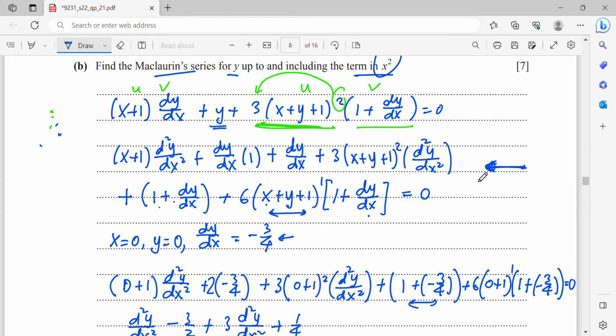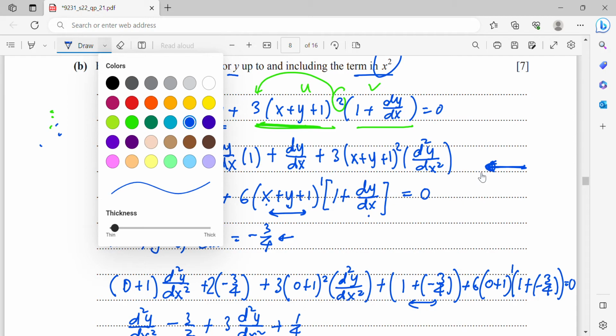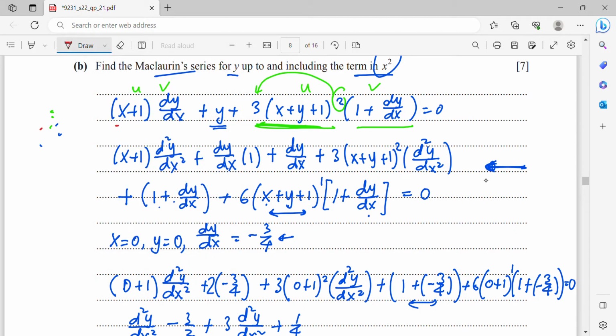Okay, now I need to explain one more time for this. Keep differentiate, so keep differentiate plus keep dy dx, differentiate x plus 1, which is 1. The differentiate y is dy dx. So for this, I keep this, and differentiate 1 plus dy dx, which is here. Now I keep the second and differentiate this.